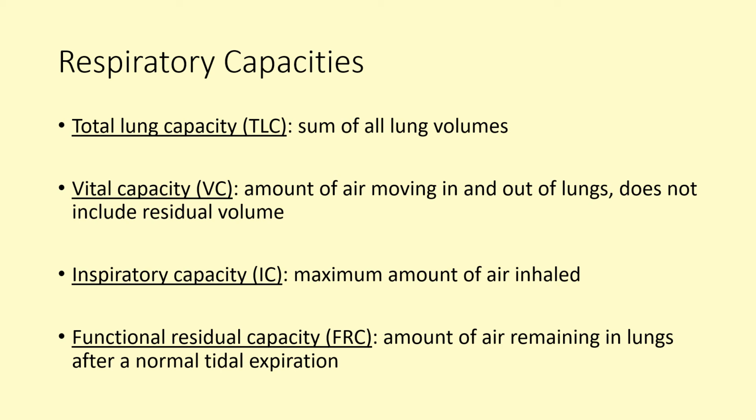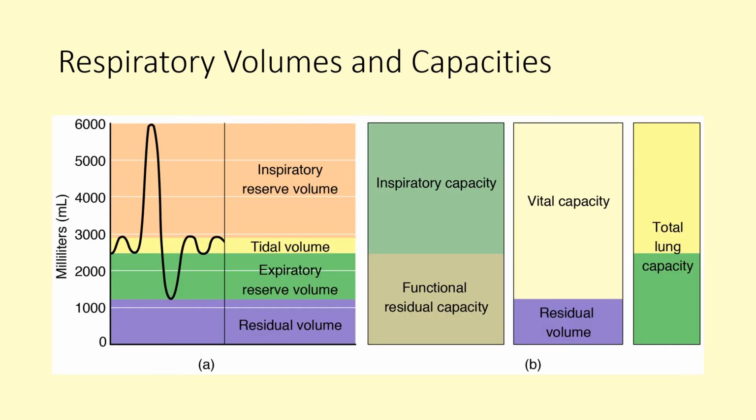expiration, exhaling. And so this slide does show these different volumes, what the average amounts are, as you can see on the graph over on the left-hand side, and how you can add these different amounts together. Like I say, someone who's a respiratory therapist, this is what you're going to be dealing with, measuring these different volumes, comparing, knowing what's normal, what's abnormal.